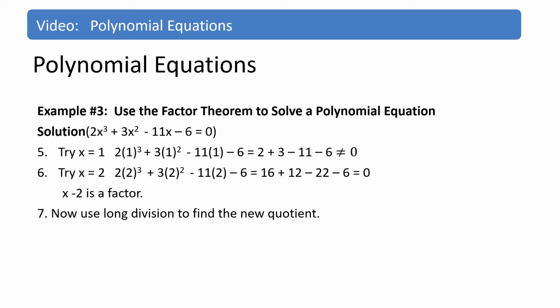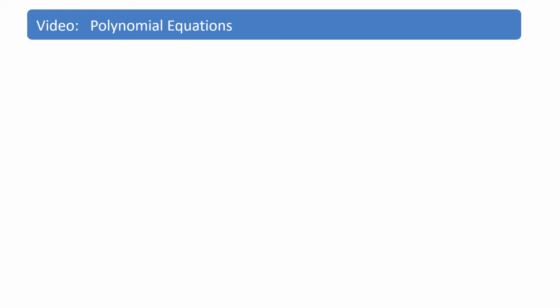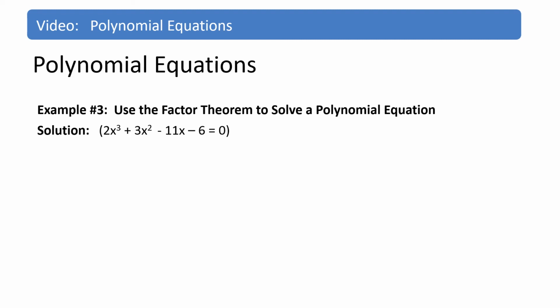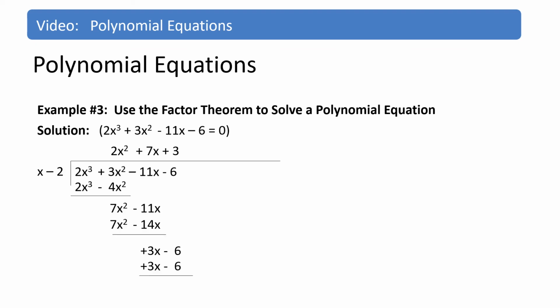Use long division to find the new quotient so we can continue the steps. Now that we know the first factor, we can set up long division.